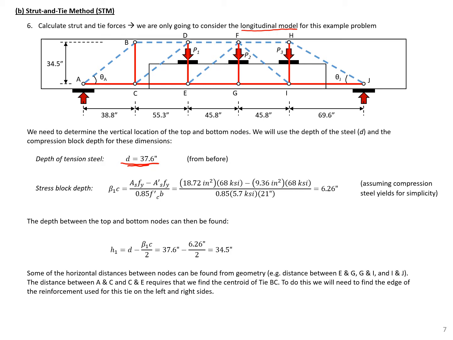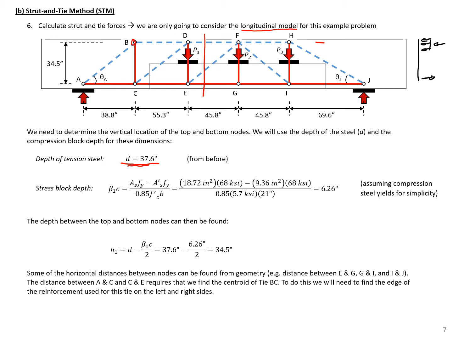The centroid of our top line here, BDFH nodes, we can determine by our stress block depth. So if we take a cut at any point, we would be looking at the stress block depth. So we would just have our normal stress block, with our tension reinforcement and our compression reinforcement.